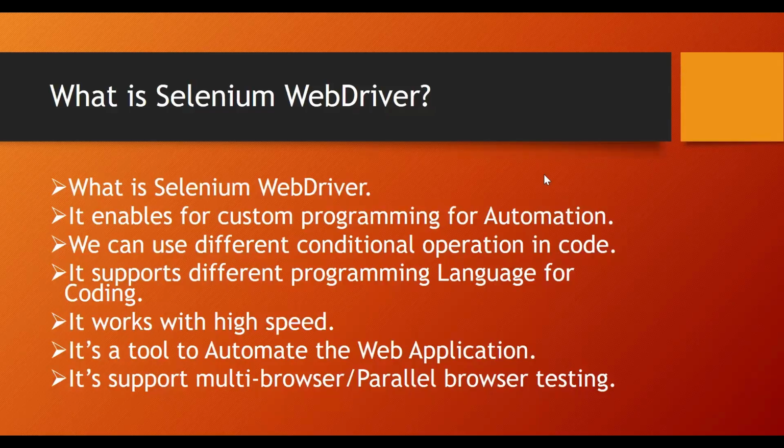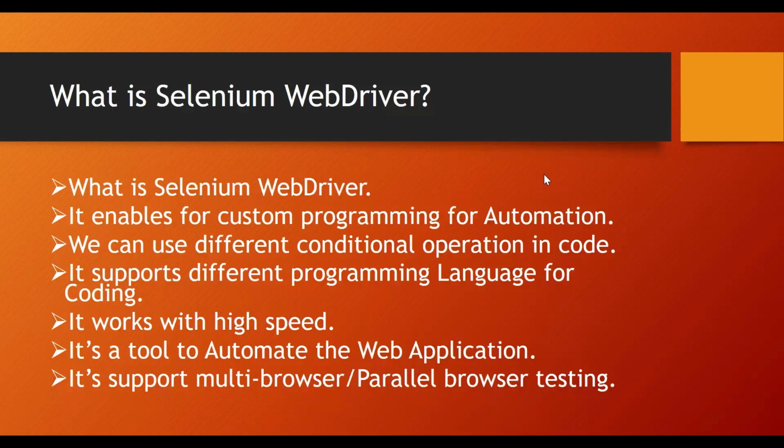In Selenium, we can also use different conditional operations in the code, like if-else, switch case, or loops like do-while and while, in our automation test code. So Selenium allows us different conditional operations in code also.